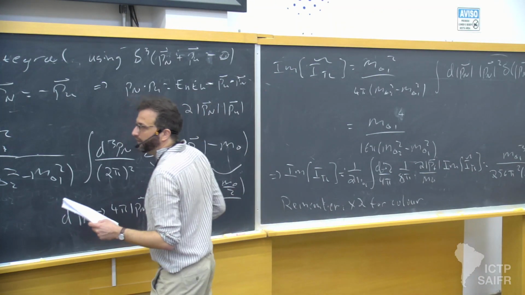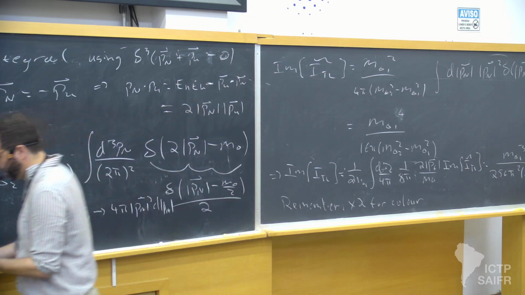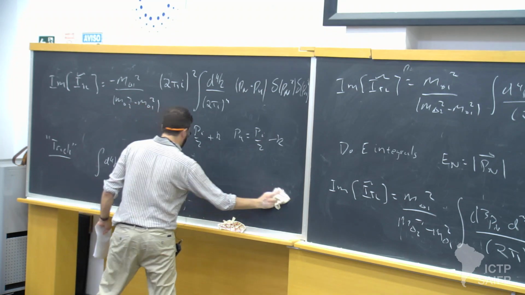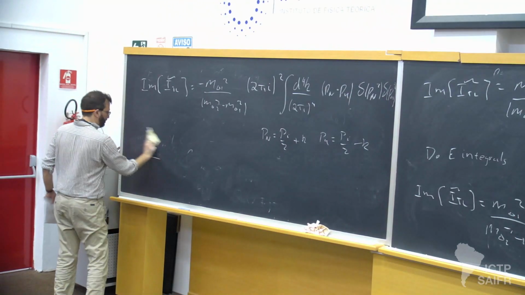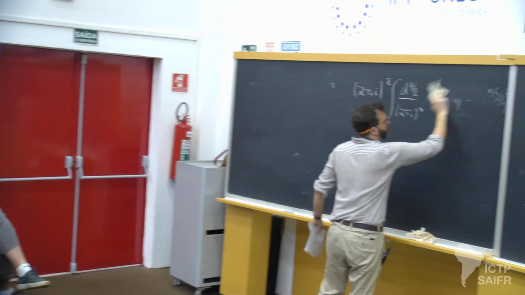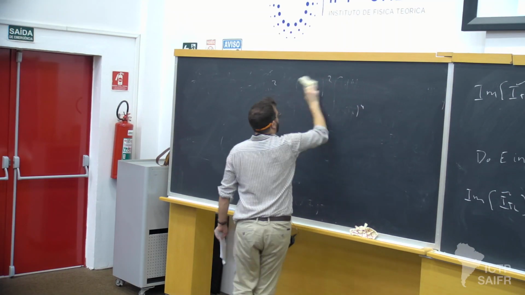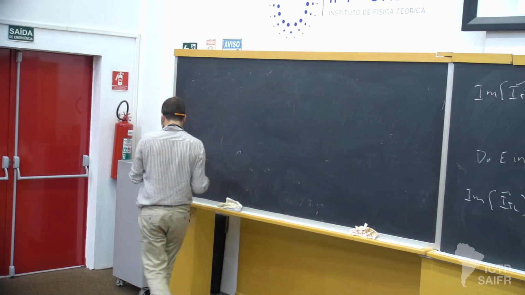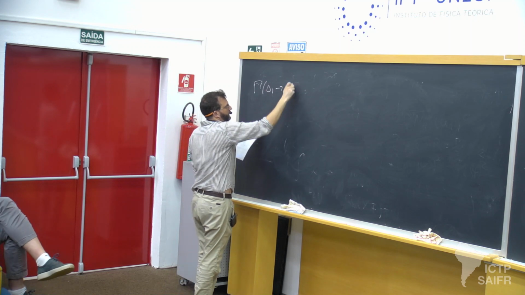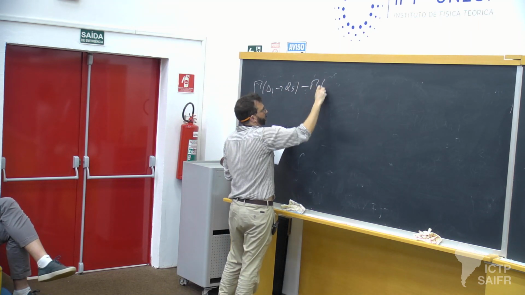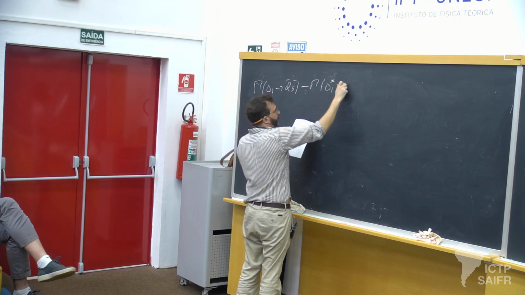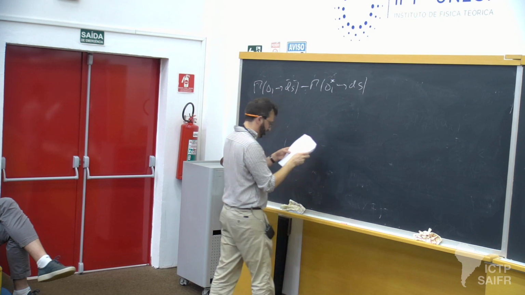And then in the end, using this and the results previously, we end up with the result gamma delta 1 to ds minus gamma delta 1 to ds bar.